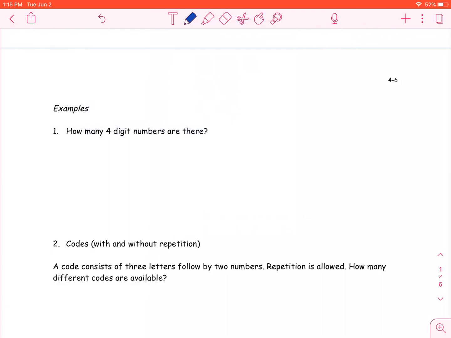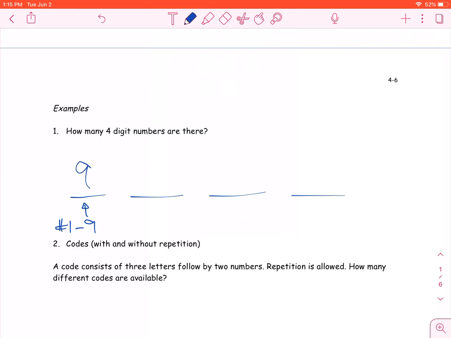Now, to start our number, because it's a 4-digit number, the first spot is very important because it can't be 0, right? My options are going to be either 1, 2, 3, 4, 5, 6, 7, 8, or 9. So that means there's 9 possibilities.